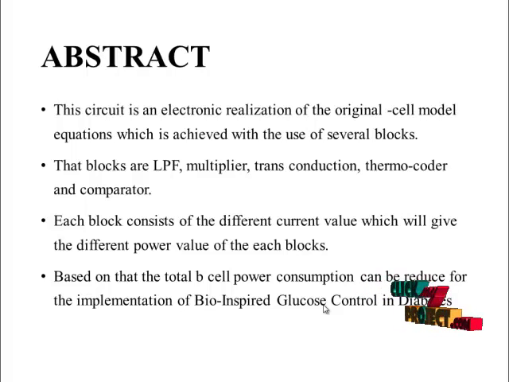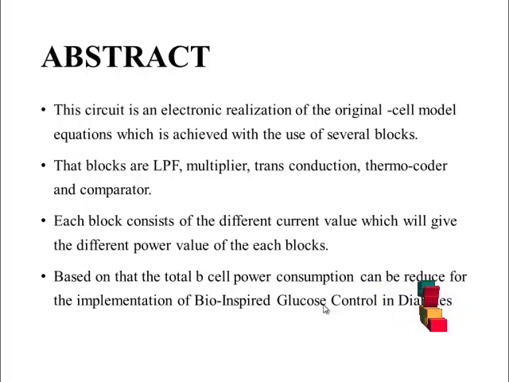Diabetes mellitus is one of the most rapidly growing chronic diseases in modern society, affecting 3 to 5% of the total population on earth. It is normally characterized by an increase in blood glucose, which occurs either because the pancreas does not produce enough insulin or because the produced insulin is not functional.